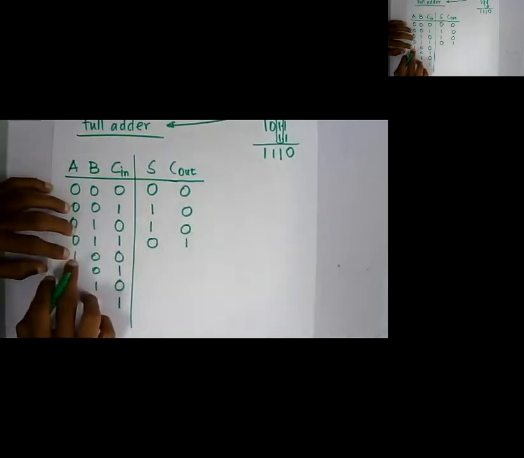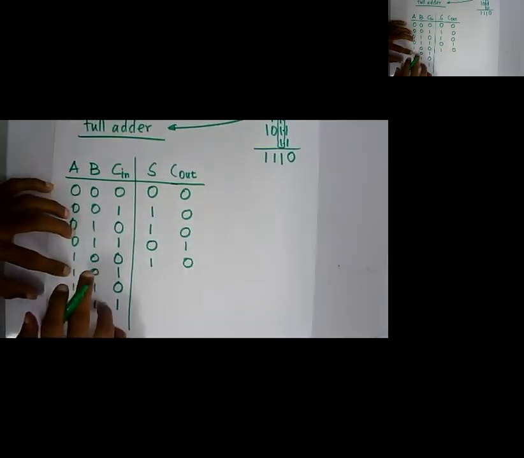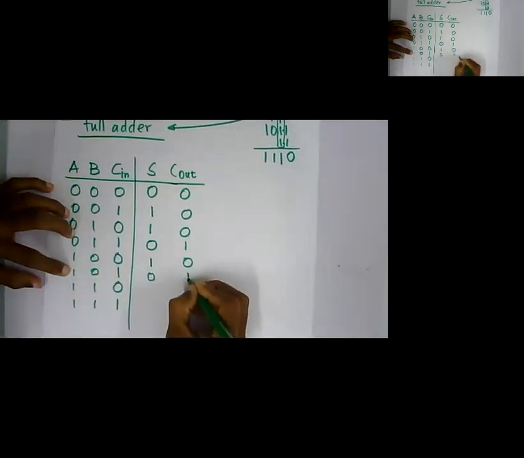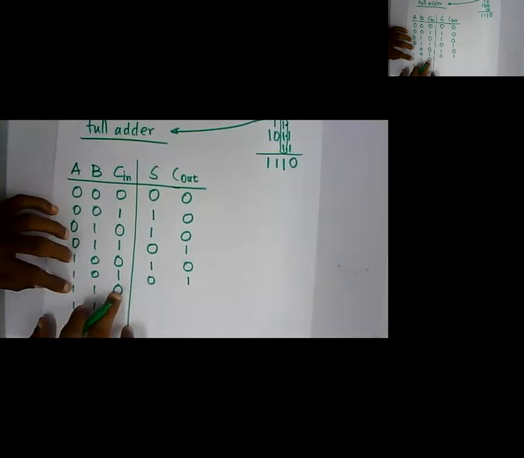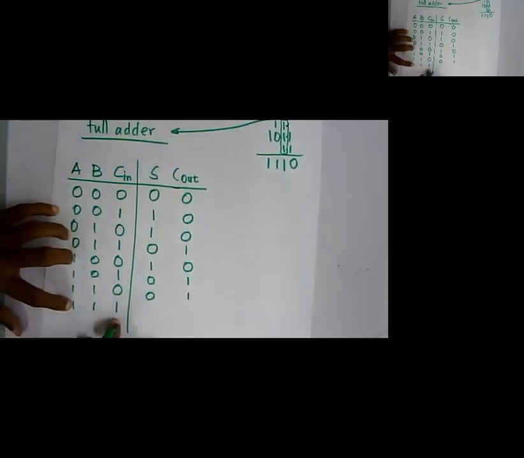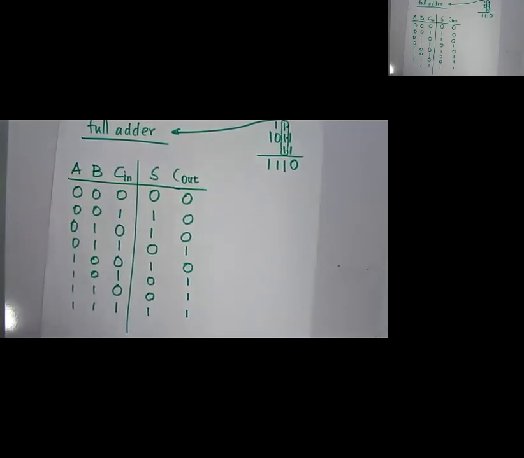Next, 1 plus 0 plus 0: sum will be 1 and carry will be 0. Here I have 1 plus 0 plus 1, which is 0, 1. 1 plus 1 plus 0, again 0, 1. At the 1, 1, 1 combination, I will have my sum as 1 and carry as 1 as well.